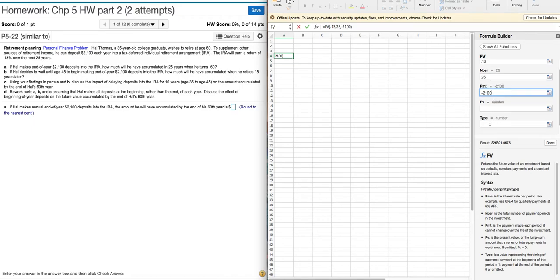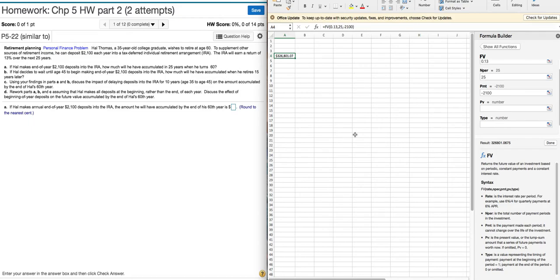Type we don't need to do anything for because this will default as an ordinary annuity since the payments are at the end of each year. So that's really all that we need. So when I click done, our future value at the end of 25 years would be $326,801 and 7 cents.